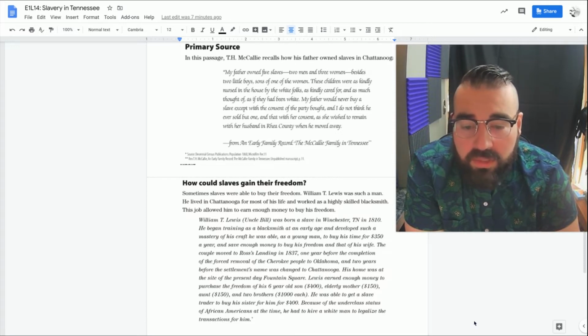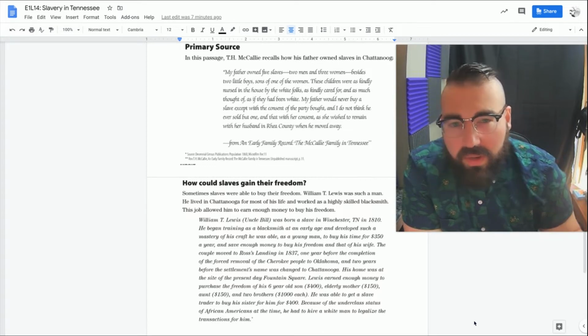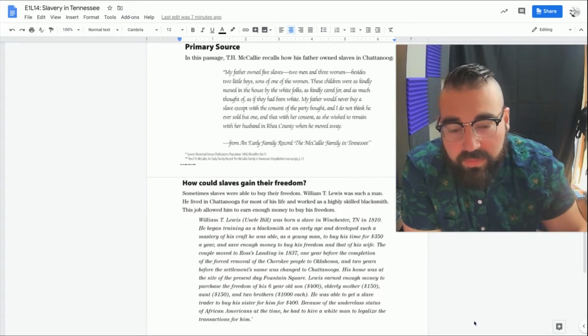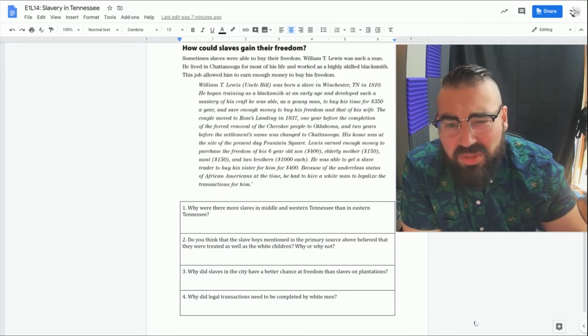So, that little part there just basically says this guy's father never bought a slave if it wasn't okay with the party, as in the slave he was purchasing. I have a feeling that's not quite normal for the time, but that's this primary source. This guy may have been a real stand-up gent.